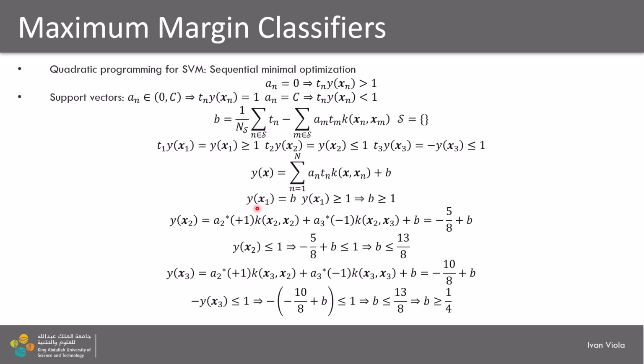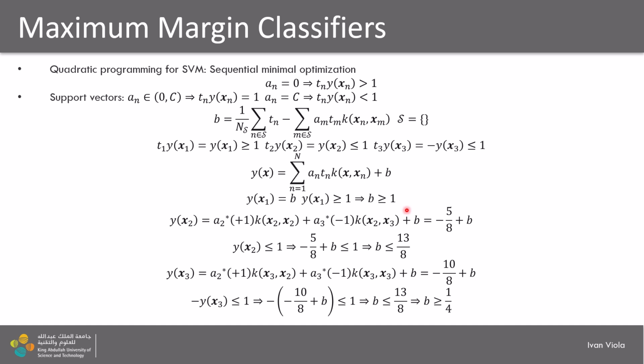So for y(x1), this kernel will always lead to 0, because the x, in our case, if this is x1, which is 0, 0, this dot product will lead to 0, so this entire sum is 0, and therefore y(x1) is equal to b, and that leads to the fact that y(x1) needs to be bigger than 1, and therefore b needs to be bigger or equal 1.